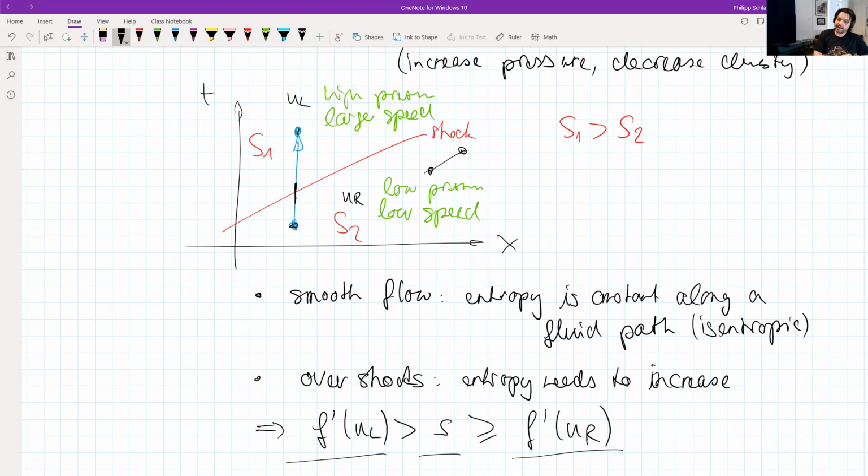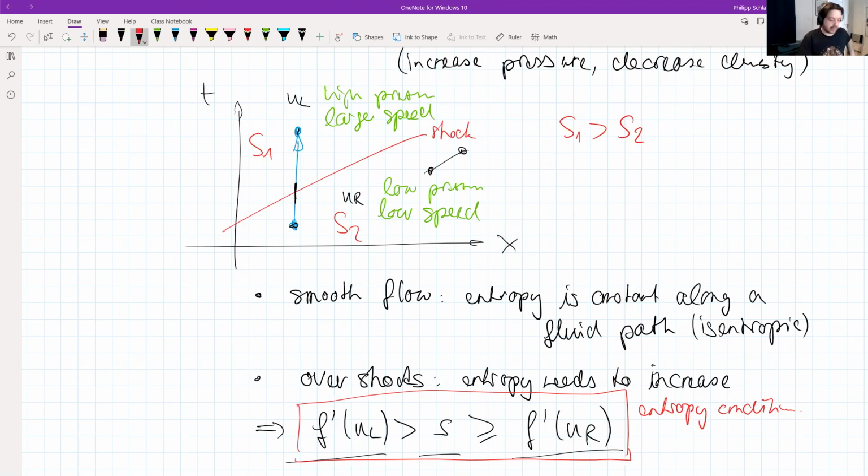And that would indicate in the end that I have an increase in entropy. And this last condition here, this would be the entropy condition, which tells me whether or not a shock in a specific configuration is in fact something that fulfills the second law of thermodynamics, so that entropy is increasing.